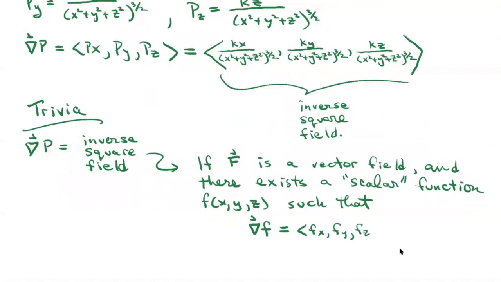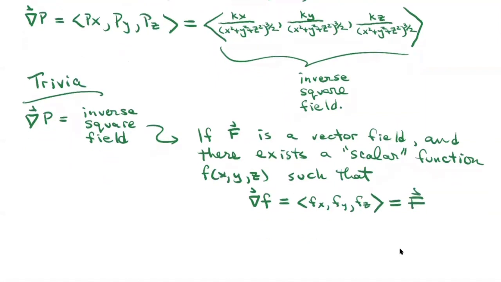And that's a vector field. If it turns out to be equal to big F, then big F is called conservative.